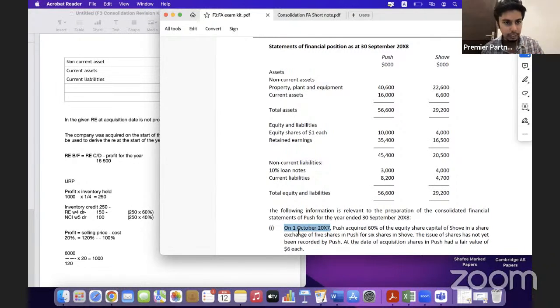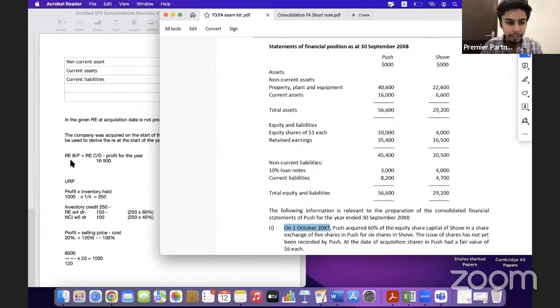Why are we struggling so much? Because on 1st of October 2007 we bought the company, the acquisition date. On that date, retained earnings they haven't given. So how can I derive that answer? The retained earnings at the acquisition date is the same date as the beginning of the financial year. So in simple words, I need retained earnings brought forward.